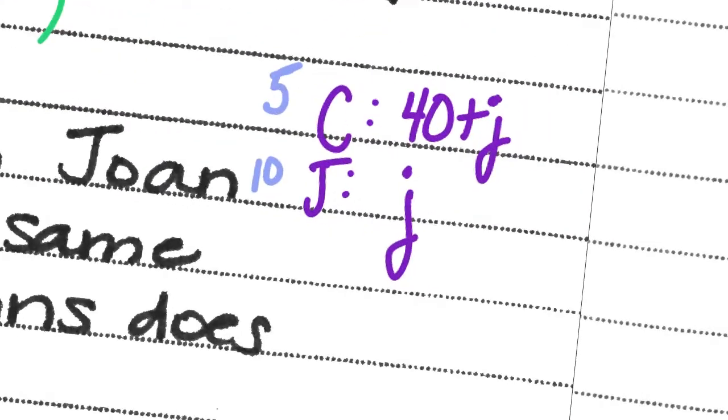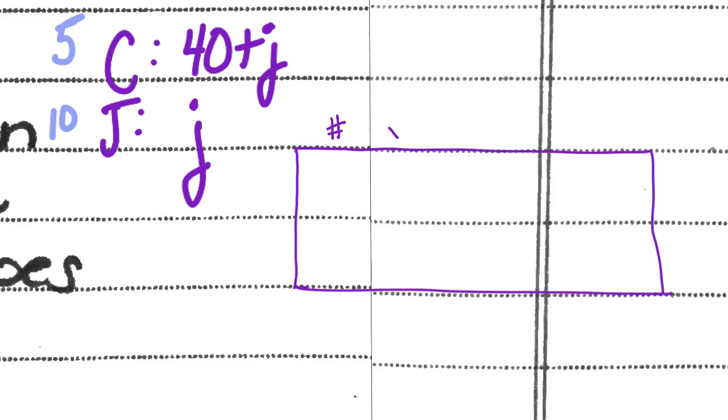Now, let's go ahead and make this into a chart. I didn't have this chart built. So the first thing we're going to do is draw a chart. Really don't need all that space, so I'm going to erase. And I know that the number of coins times the value of a coin gives us the total. How convenient that this is our total.